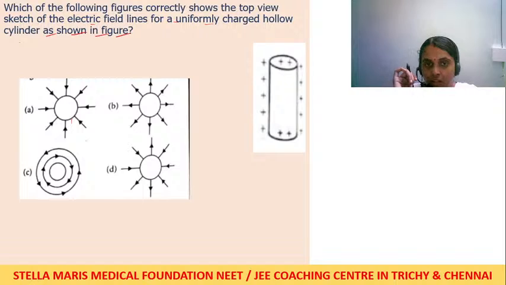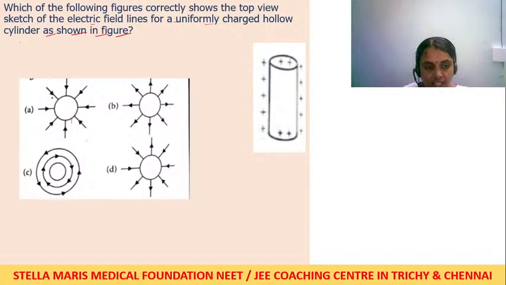So here they are asking for the top view sketch of the electric field lines. When we see here, this cylinder contains all positive charges. We know that positive charges field lines go radially outward, correct?